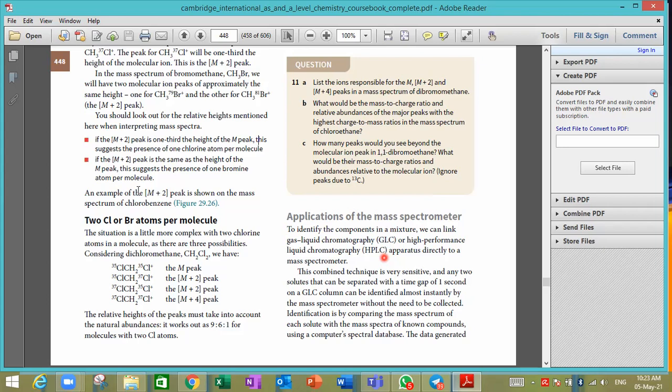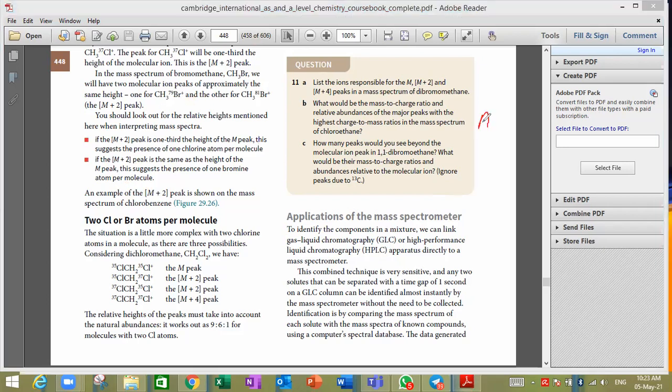We had a mixture, for example A, B, and C. By using either GLC or HPLC, we get different peaks by retention time. From the number of peaks, we can determine how many components are present in our mixture, and from the area under the peak, we can determine the concentration of each species inside this mixture.